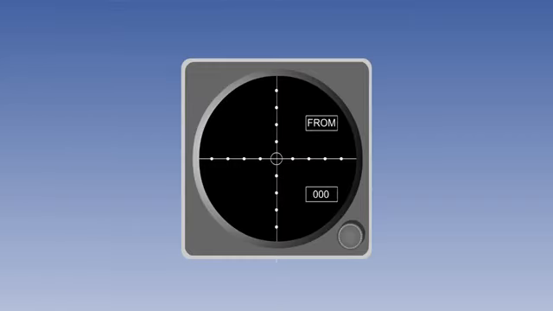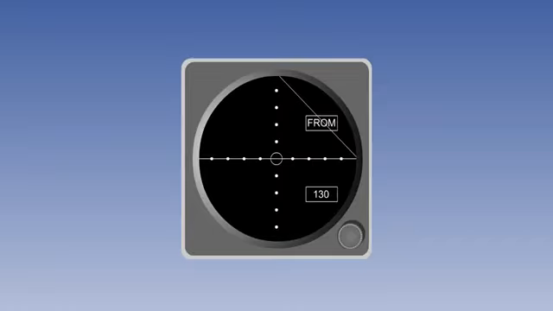The second type of instrument to display VOR information is the CDI or OBI. We will refer to it as the CDI. It is the principal instrument used for VOR navigation. If you turn the omni-bearing selector knob, the OBS, on the CDI until the needle is in the middle, this will tell you which radial you are on.